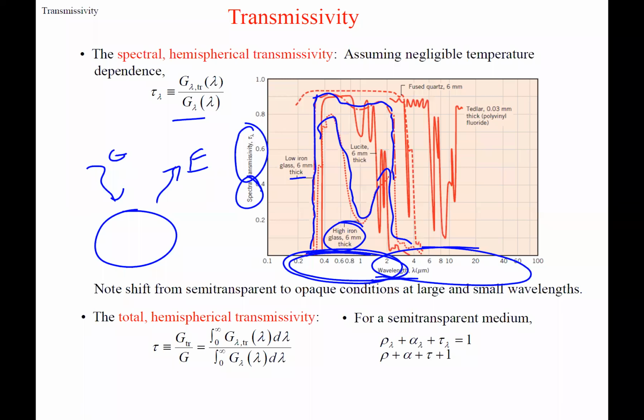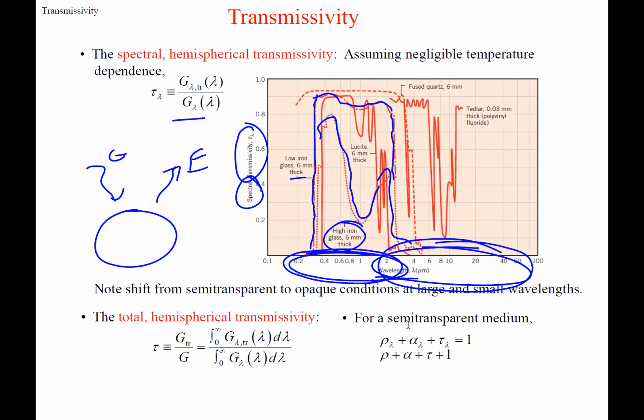That pipe's going to be at a lower temperature than the sun, so that will have high wavelengths. So you want it to not transmit, because you don't want it to lose radiation from the pipe. You want it to allow solar low wavelengths, the solar radiation, to come in, but you don't want it to let the emission of that pipe leave, right?